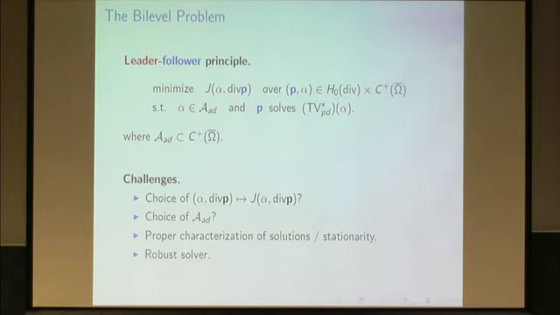So this is bilevel, and in economics you may say it's a leader-follower principle, because the leading quantity is the regularization parameter. Once it is fixed, the reconstruction just follows as a solution process. So alpha leads the P in a sense, and this is what I would call a leader-follower principle.